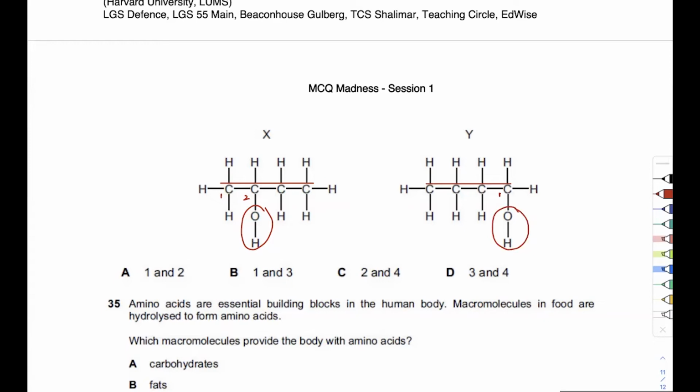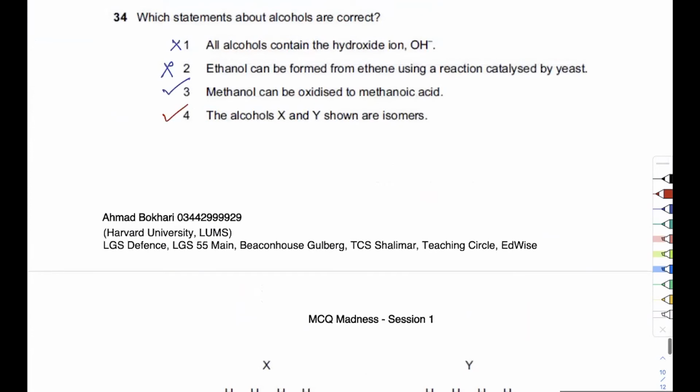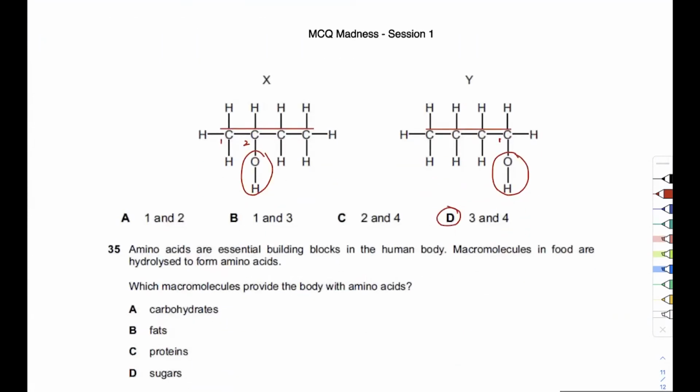So again, how do you identify isomers? 2 criteria. Number 1, you drag the pencil and try to see if you can connect them all in the same fashion. If you can't, then it is likely that they are isomers. Number 2, look at where the functional group is. In this case, these are at different positions, so these are positional isomers. And yep, that makes them isomers. So this statement is again true. So yep, 3 and 4 is our answer. So D.